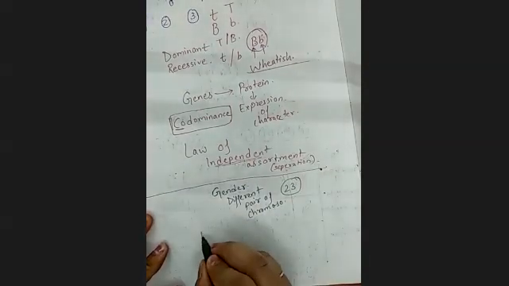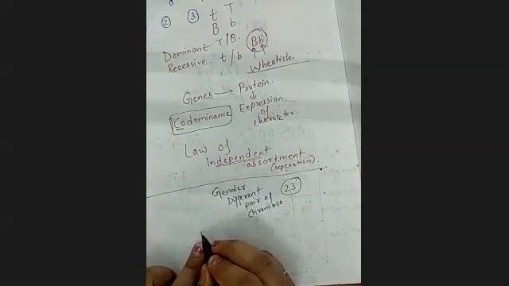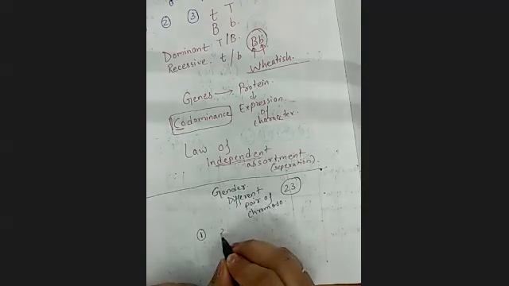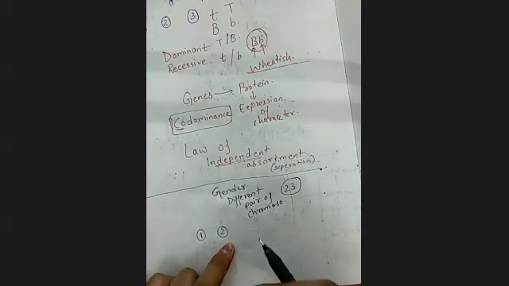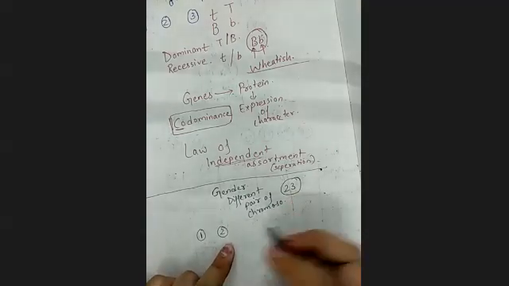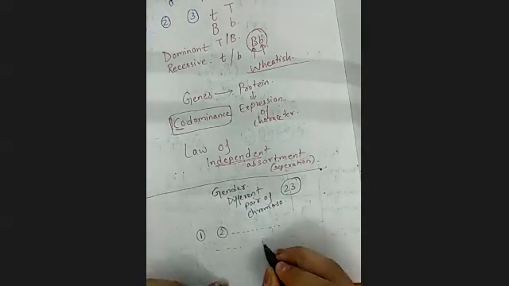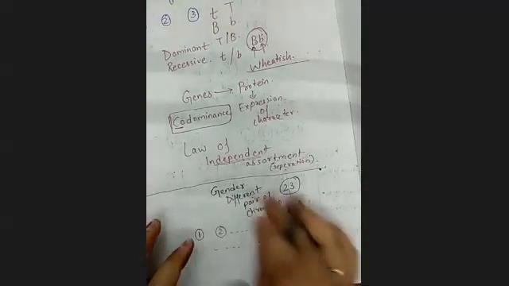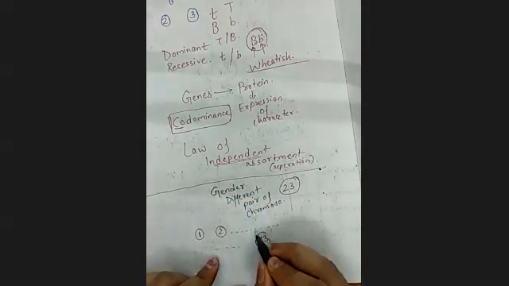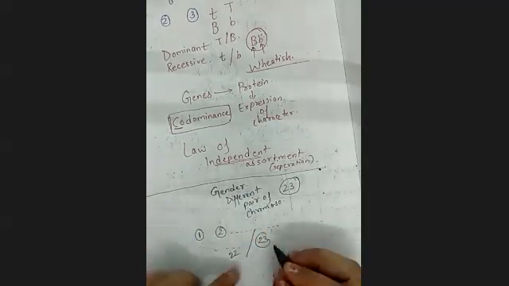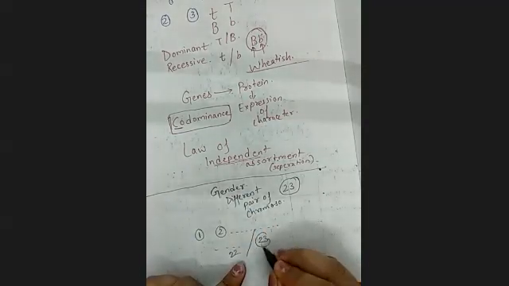The first pair is responsible for deciding some of the characters of your body. The second pair may be deciding different characters. Like this, you reach 23 pairs, and out of these, 22 are deciding the characters of your body. Only the last pair of chromosome is deciding your gender.